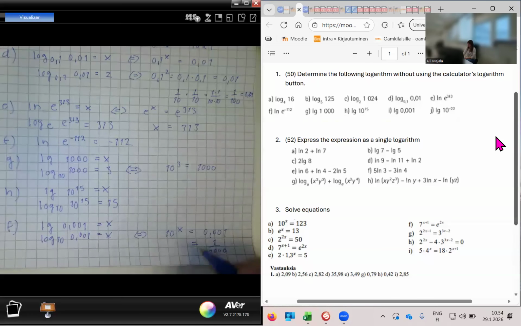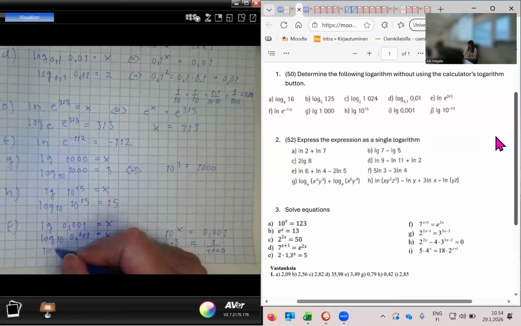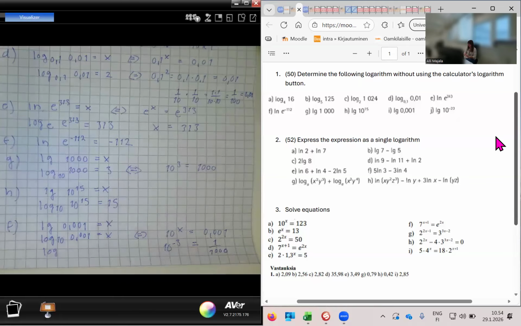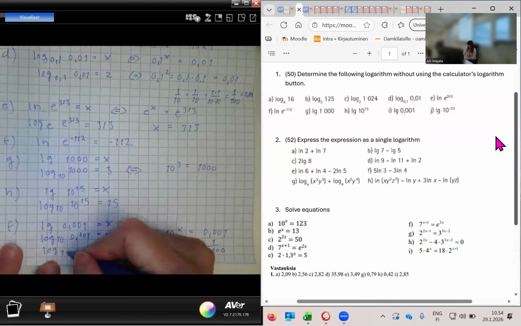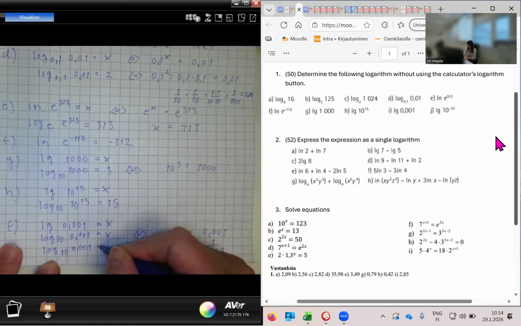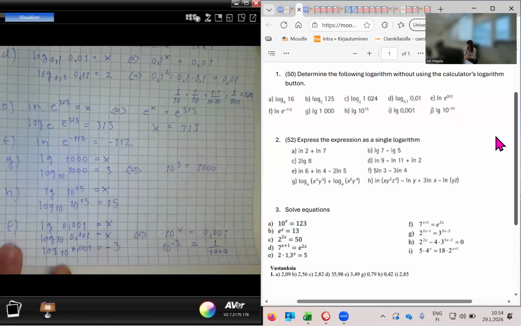So obviously there has to be some minus thingy here to get this big. Minus 3, yeah. So 10 base logarithm, or you go to get this, you have to have the minus.